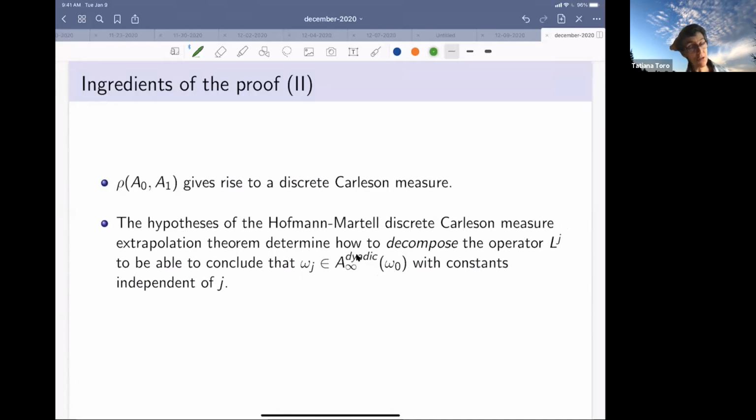Okay, and remember, these are dyadic cubes on the boundary, and so you're asking how do we build these cubes?